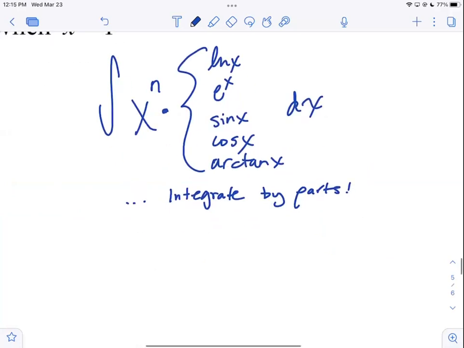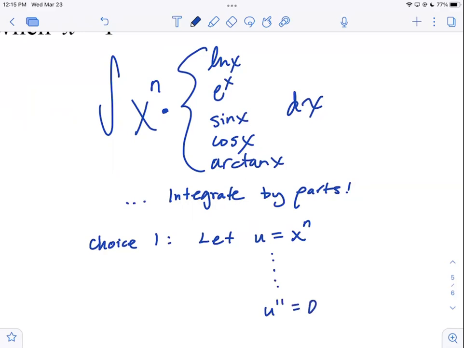Now, your first choice, okay, choice 1, your first choice is to let u be the power of x to the n, okay? Why would we want that to happen? Because eventually you're going to get down to u prime or u double prime, well, let's say, and you get down to 0, okay?